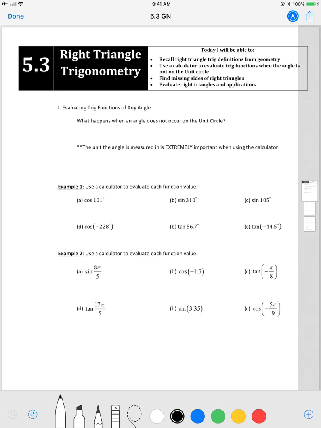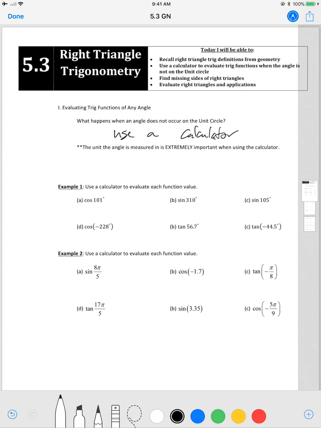And we found that if we could add or subtract 2 pi to get one of those special angles, we could use that to get an angle that we recognize and then evaluate the trig function from there. Otherwise, if it's not just a matter of adding or subtracting the period, like if I want the cosine of 101 degrees, for instance, then I'm going to have to use a calculator.